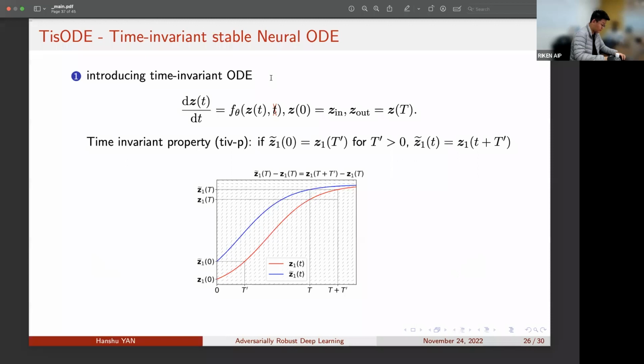on the evolution trajectory. The first one, we remove the time dependency of t, so the dynamics becomes a time invariant ODE. Means that f is only dependent on the state value.